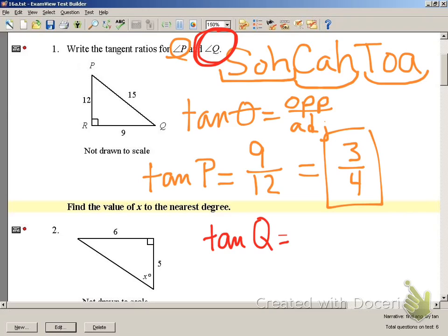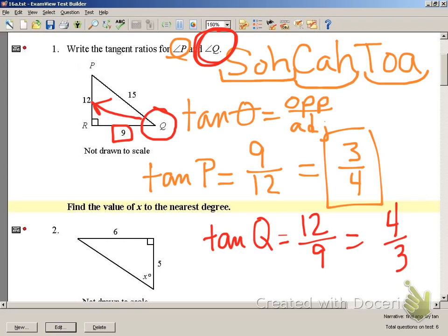Since I am looking from angle Q and looking across, that is now my opposite side. My adjacent side is 9. So if I can reduce, then I can reduce.